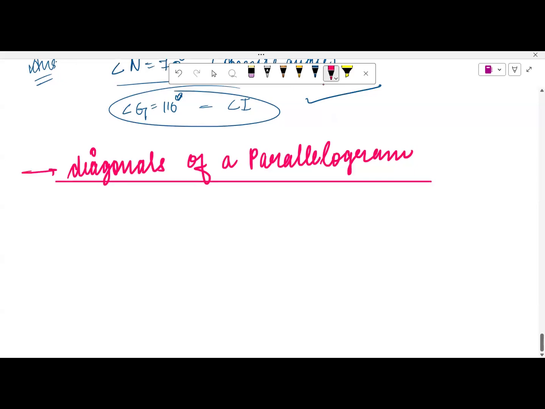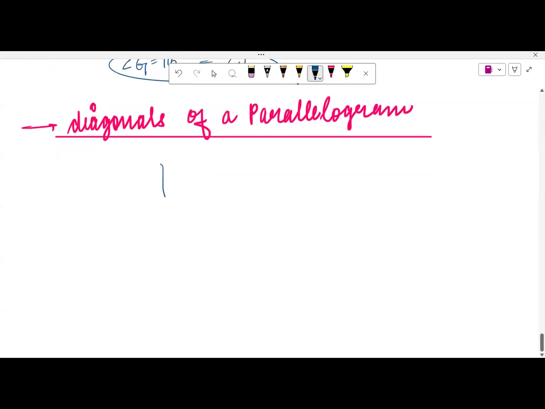So basically, what is the meaning of perpendicular bisector? The angle is 90 degrees. Like I have this one line, and I can bisect it, divide it like this, or I can divide it like this. But here I'm just bisecting it.